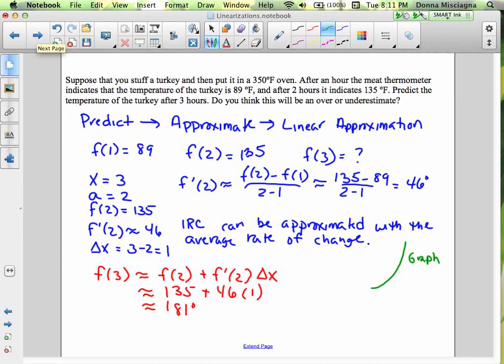With 2 points, you graph 2 points, you're going to have a line. So the graph is going to look something probably like that. So our graph would be concave up, because the temperature will increase faster and faster.